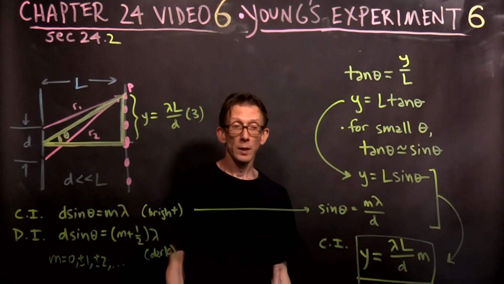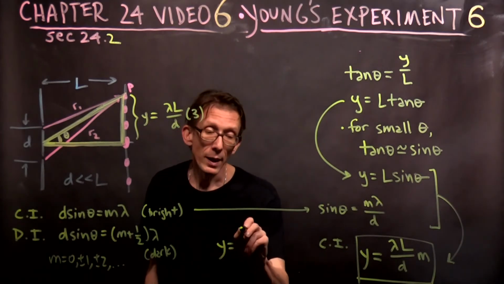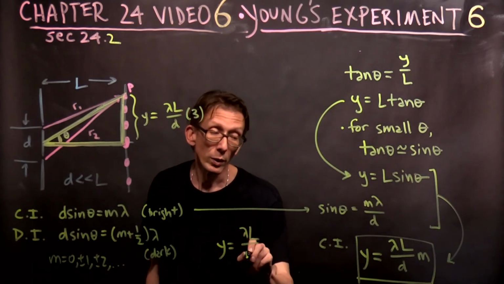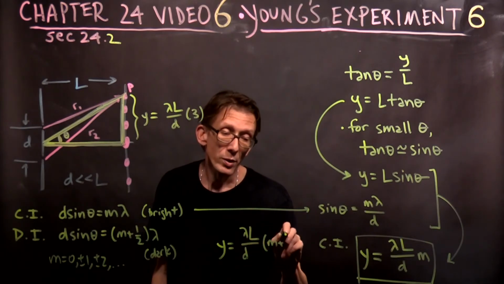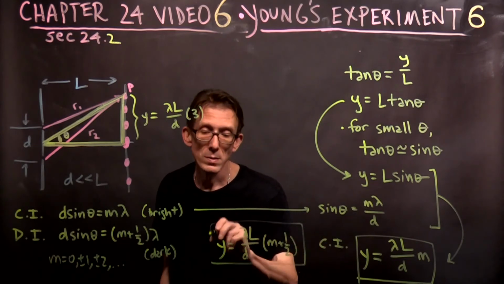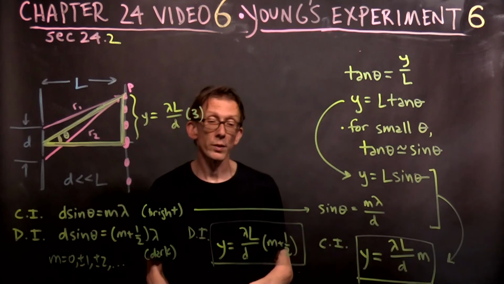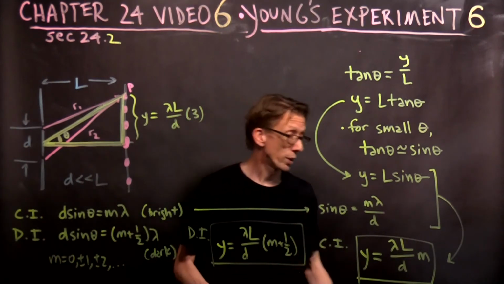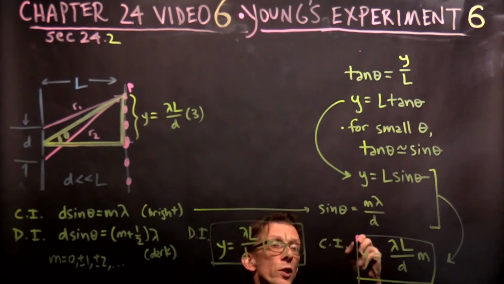Okay. The condition for destructive interference: y is lambda L over d times m plus 1/2. This is for destructive interference. Okay, so this one here is for constructive interference.